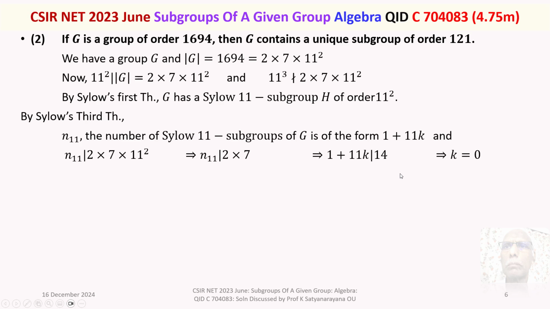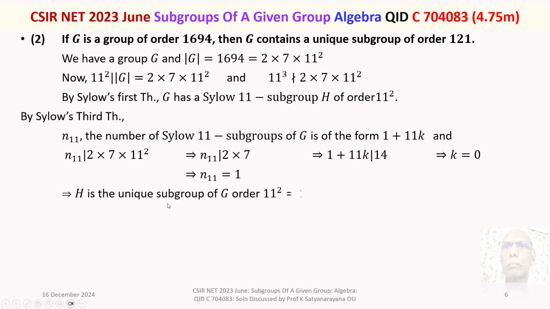Therefore, it is sufficient. So, k equal to 0 is the only solution. When k is equal to 0 is the only solution, N11 is 1. So that means there is a unique Sylow 11 subgroup of G of order 11 square, that is 121.